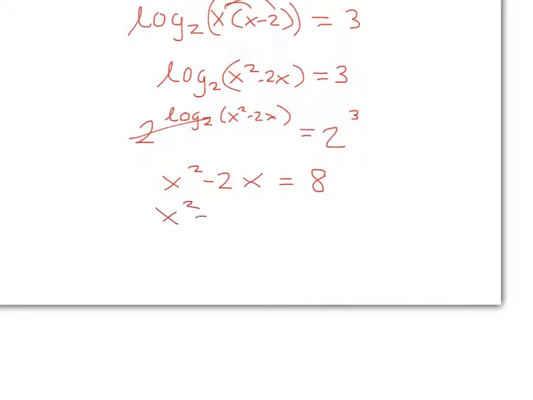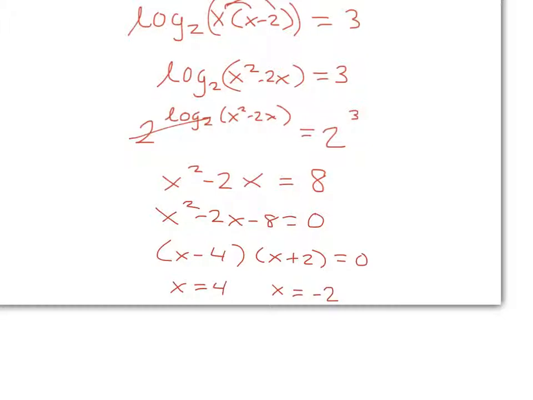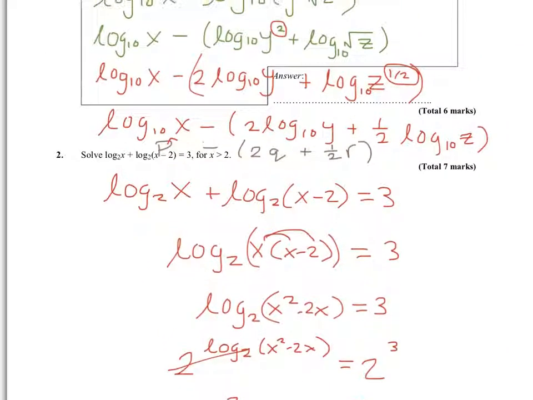We can take that 8 over to the other side, and we can factor. And we get x equals 4 and x equals negative 2. And then the only thing we have to check for is, do we have an extra solution that's not actually a solution? So let's go back up and look at our logarithms.